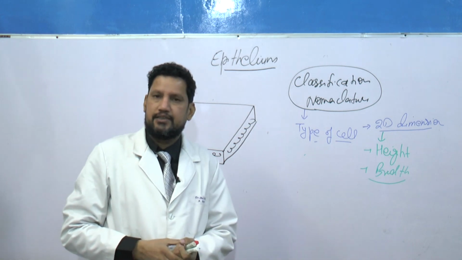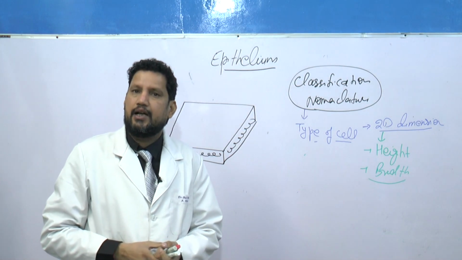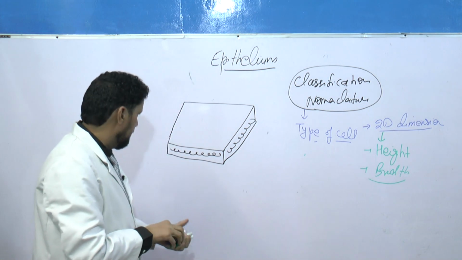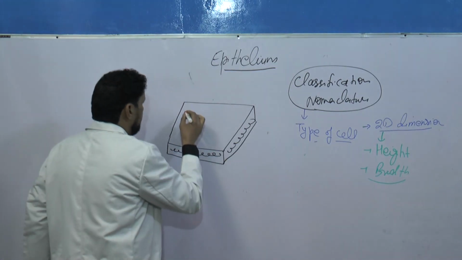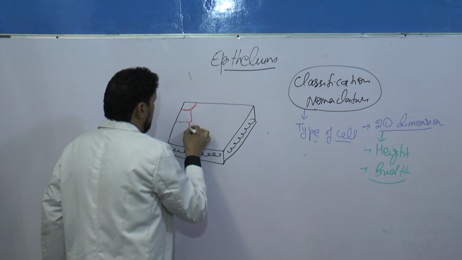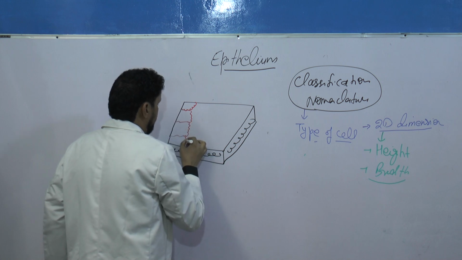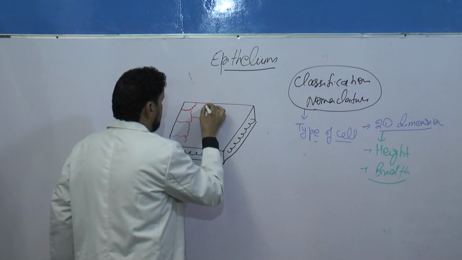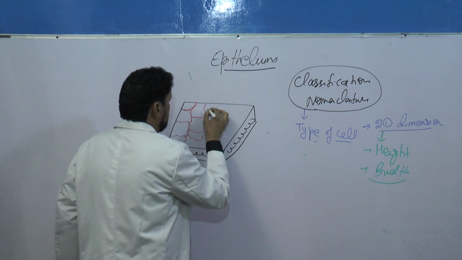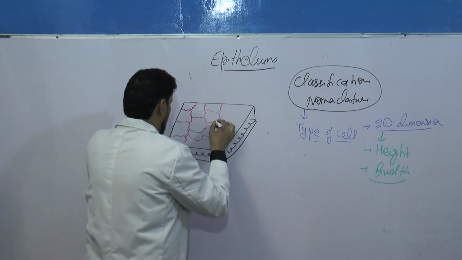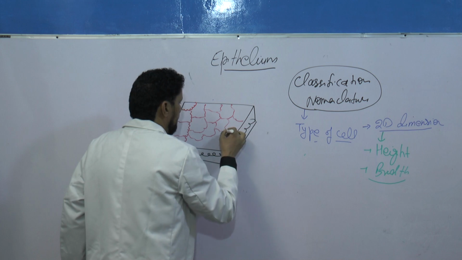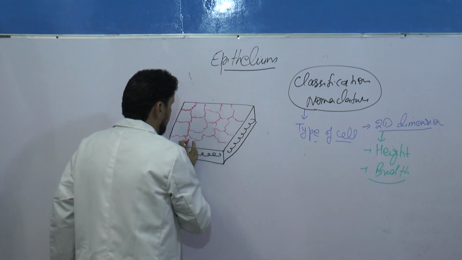This membrane is non-cellular and known as basement membrane. So when we see the cells from the top, cells are polygonal in shape.